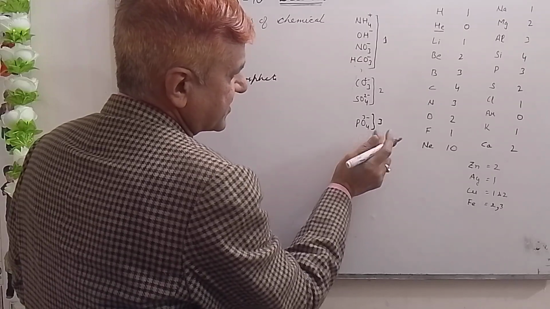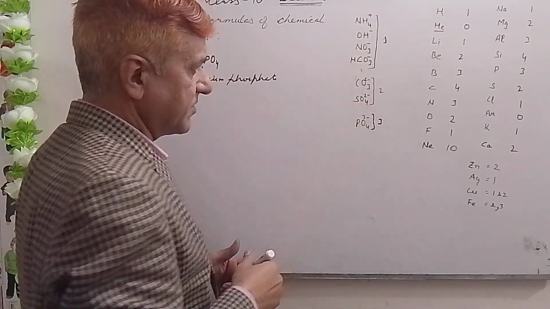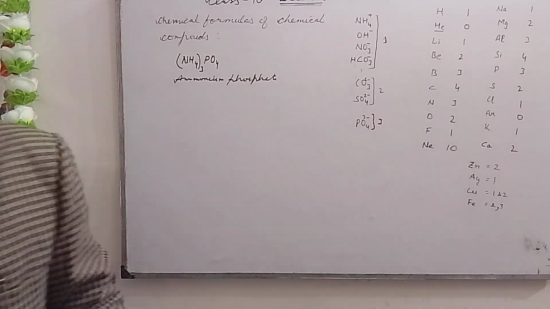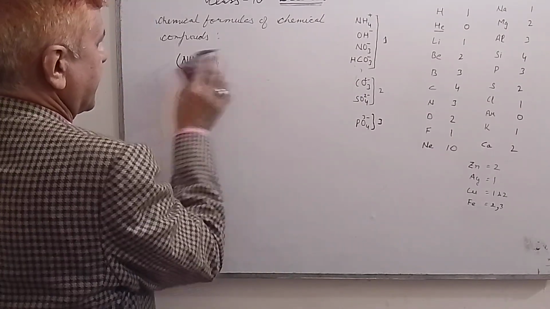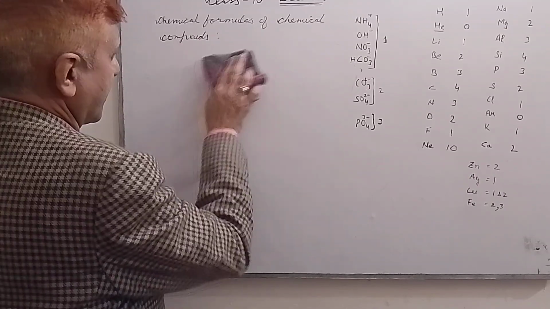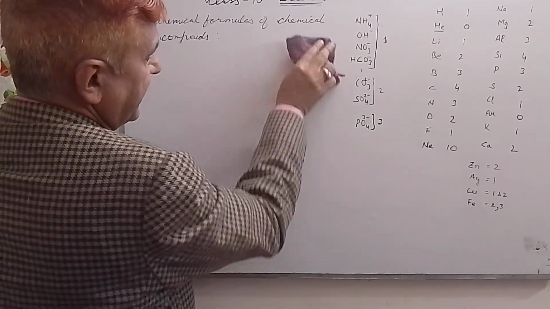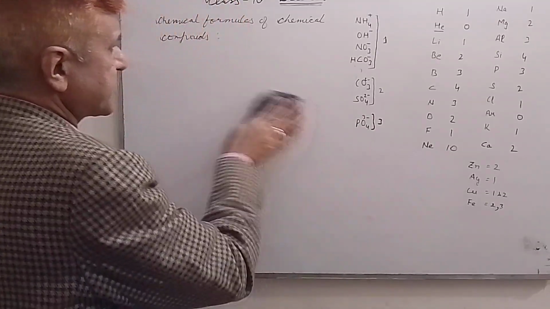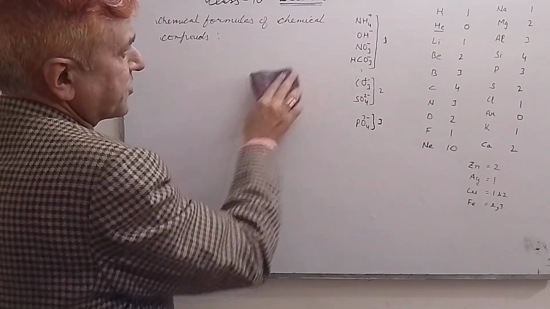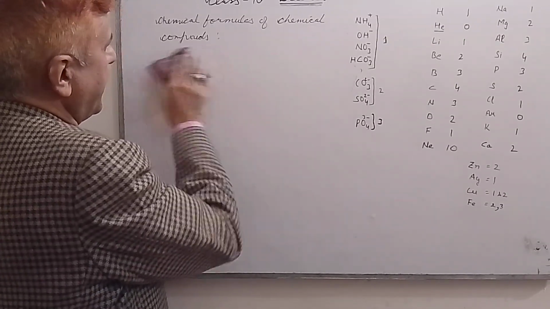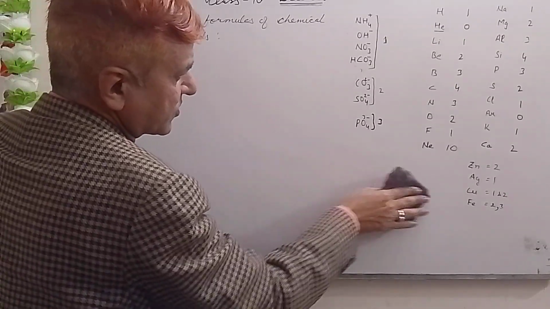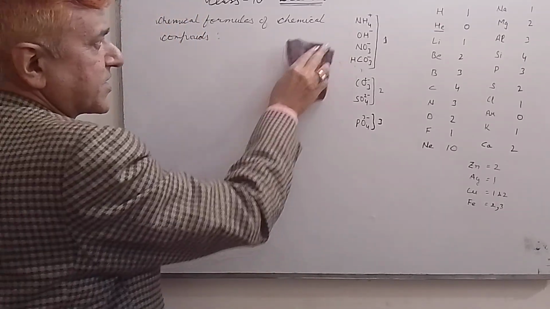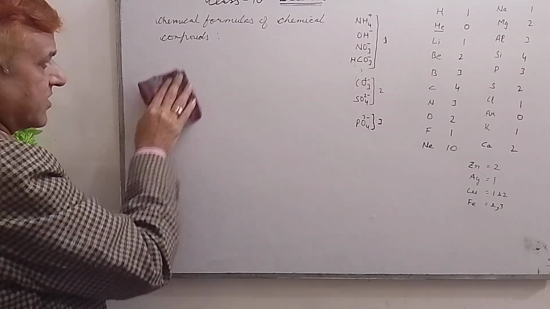Today we will learn to write formulas of chemical compounds containing these groups of atoms. This is one of the most important aspects of chemistry that you are going to learn.